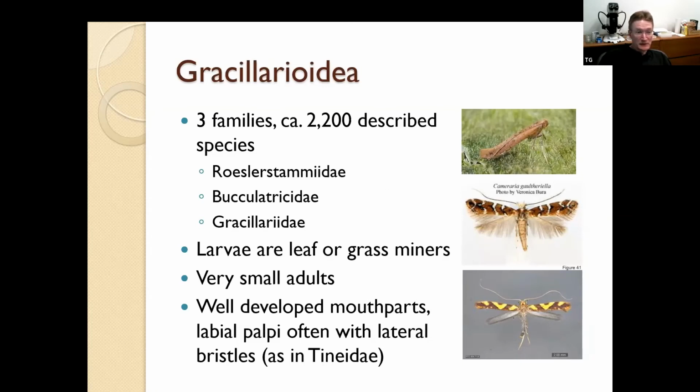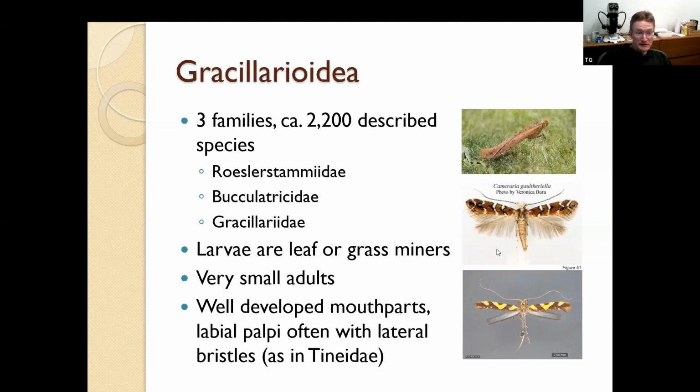And so as a consequence, the adults are very small. These are generally less than 1 centimeter across. They have some characteristics here that you can use to identify them. But generally, when you see an adult, it has this sort of distinctive resting posture with its legs up like this and its antennae across the body and sort of in this triangle tent-like position here.